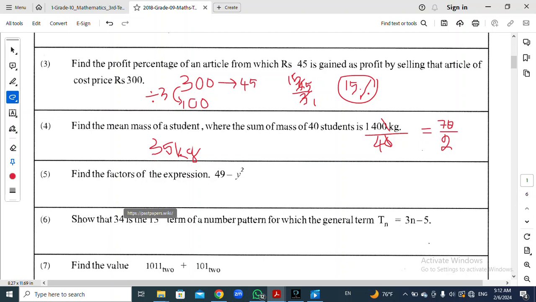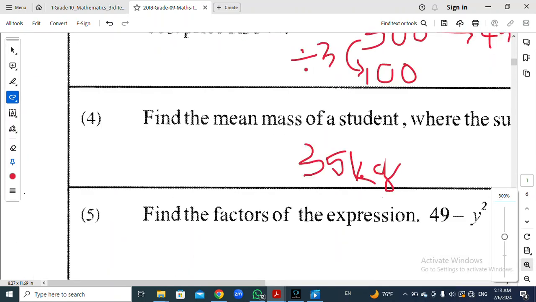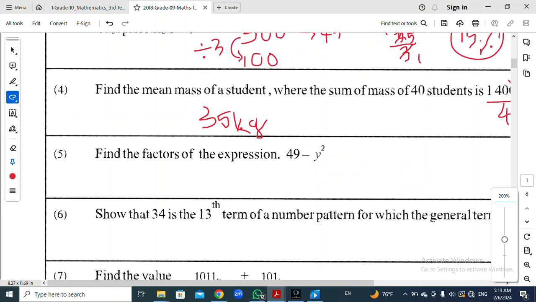Find the factors of the expression 49 minus y squared. So when we are doing these types of questions, here this is something different. Here you see 49, we can't do anything within the 49. I'm going to change the 49 into 7 squared. 7 squared is equal to 49. So 7 squared minus y squared.